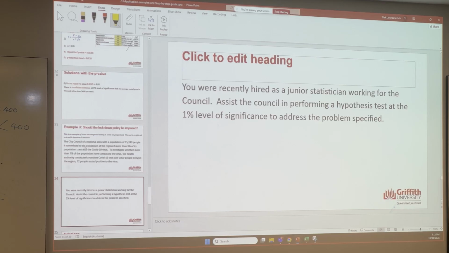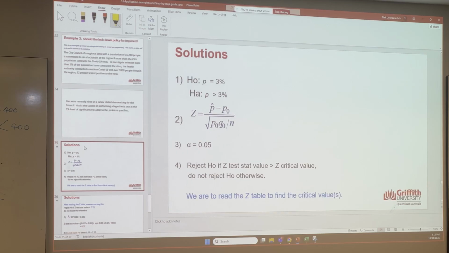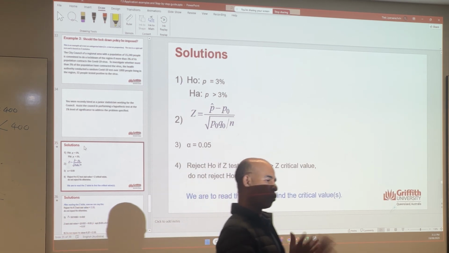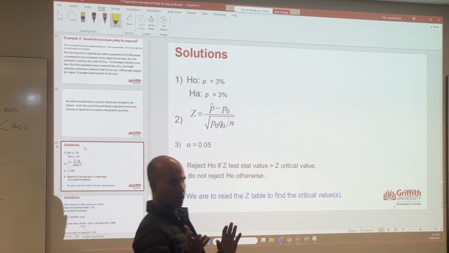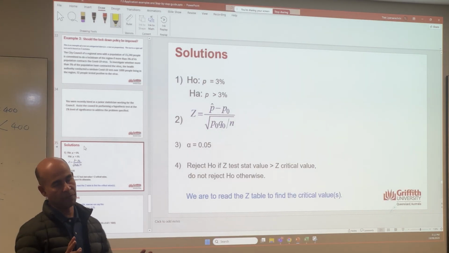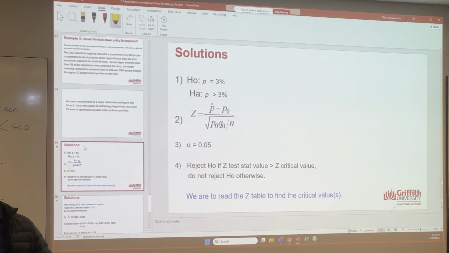Well, you have to do it at 1%. There's no 5%, right? And this is not a mean value. This is whether they got the virus or not. So yes or no. It's called proportion. We have this type of data, yes or no data, like male or female, college or university, working or study.